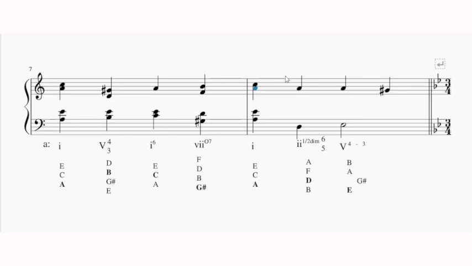For the next chord, the alto can be an F to go along with the B chord, and we can have a B in the tenor. For the last one, we have to keep B as the tenor because it is a common tone between the last chord and this chord. And the suspension continues throughout the half note.